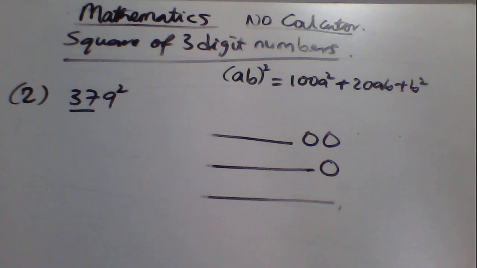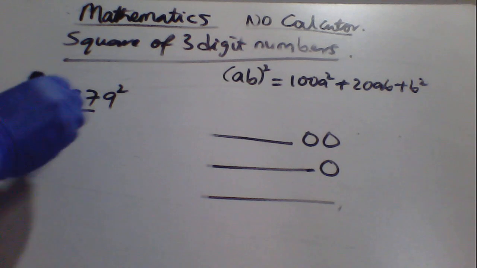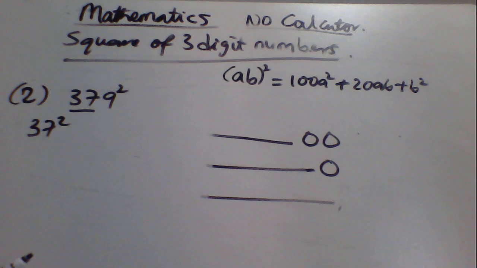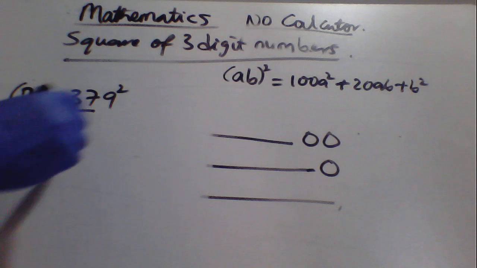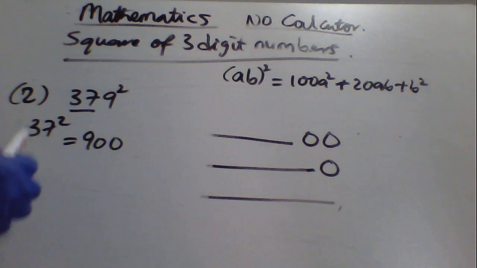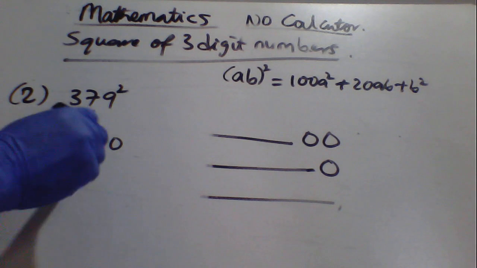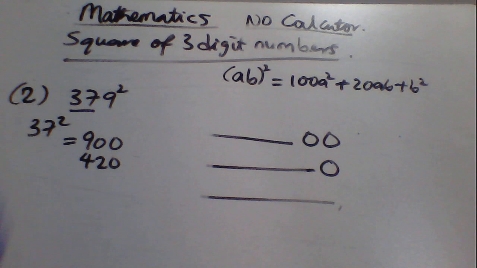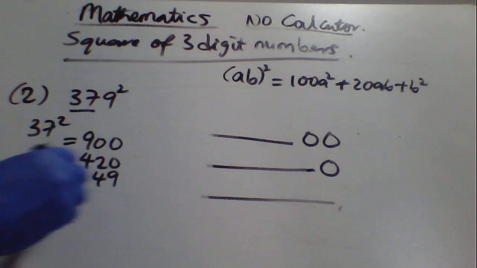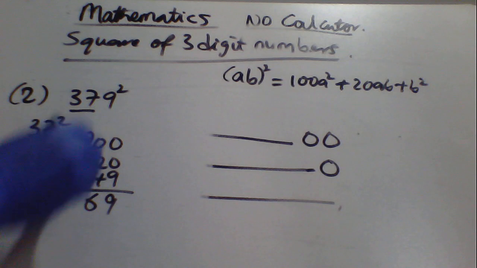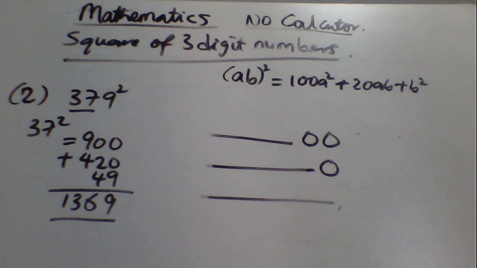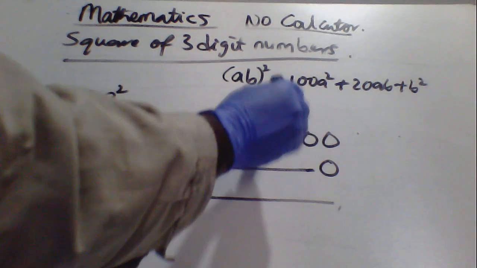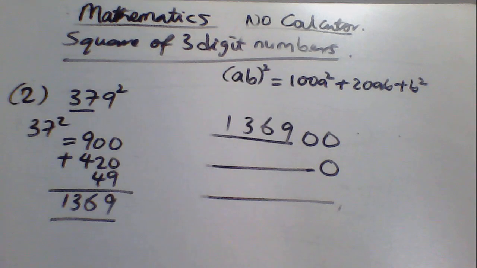The next thing is to find the square of 37 using that method you already learned. 3 squared will give us 9 times 100 will give us 900. 3 times 7 will give us 21. 21 times 20 will give us 420. Square the last one will give us 49. Add up. That gives us 1369. Here write 1369. You don't need to multiply again for confusion.